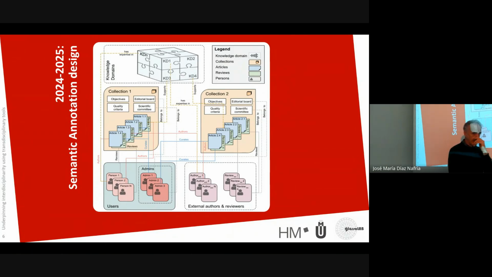At the same time, there is something important. For students it is not so much, but for scientists it is more important that this is concretely well annotated, which is the expertise they have. One person has expertise in one KD, which is knowledge domain. We have classified all the knowledge domains using the international classification system, the international decimal classification, a derivation of it to cover all the range of knowledge.